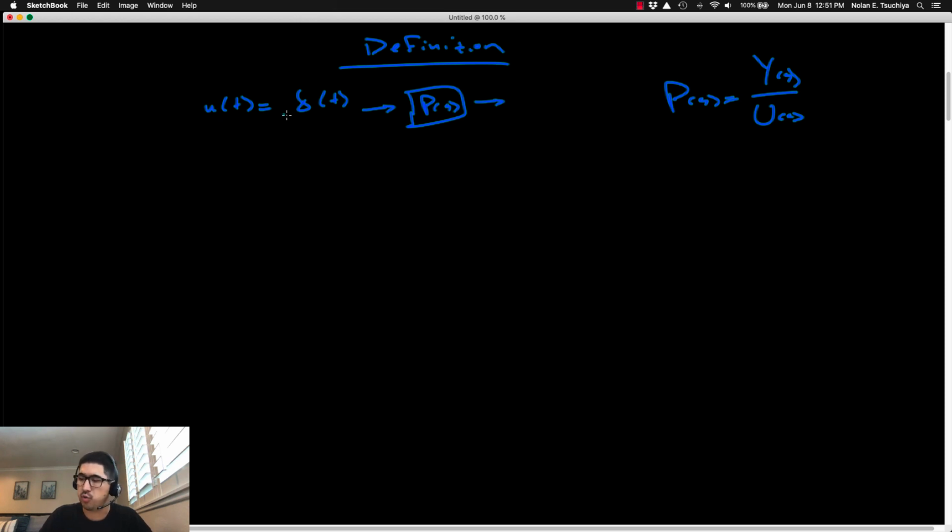So if we consider u of t to be the delta function, which, don't be thrown off by this, for our purposes is basically just a short, large amplitude spike, as if you were pinging the system with a hammer. The unit impulse is defined by a very short duration, large amplitude with an area of 1. So that's a unit impulse. And the output, whatever that happens to be, we call y of t. That's the impulse response.